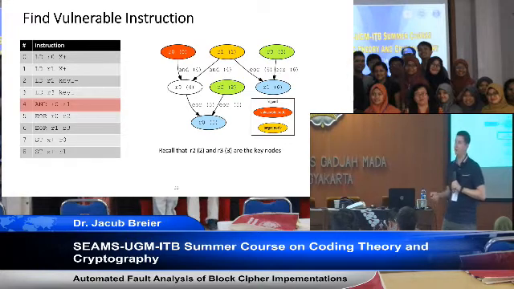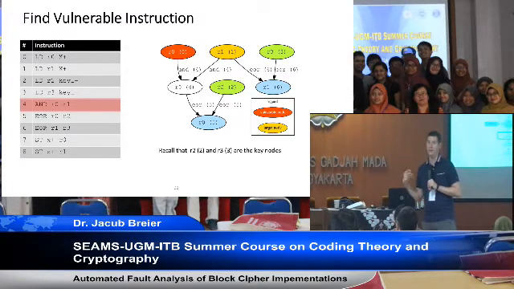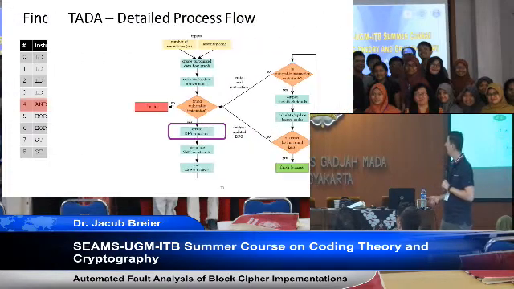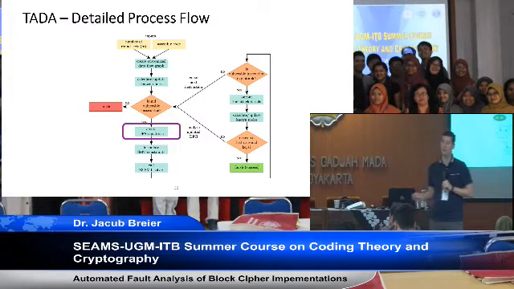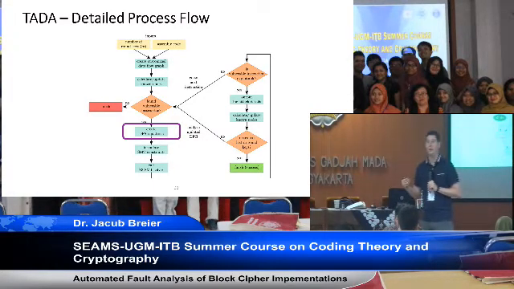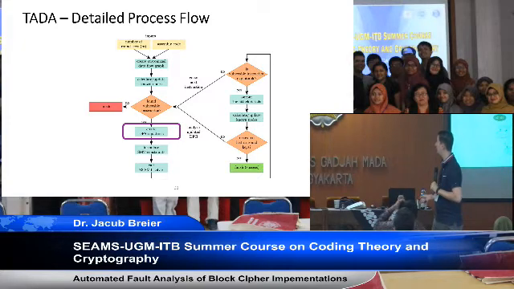And then we continue with creating the equations corresponding to this subgraph. Again, we take the normal execution and create equations which correspond to this part of the subgraph. Then we consider the equations whenever a fault is injected, and we also get some equations corresponding to the fault mask.